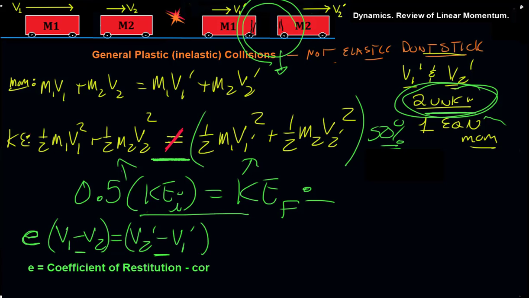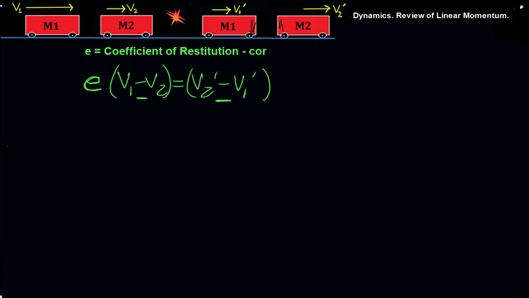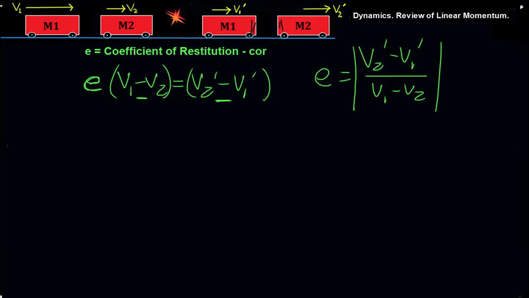If we rearrange this, we can take a different look at it, where we often write it as E is V2 prime minus V1 prime over V1 minus V2. And it has a range of typically 0 to 1.